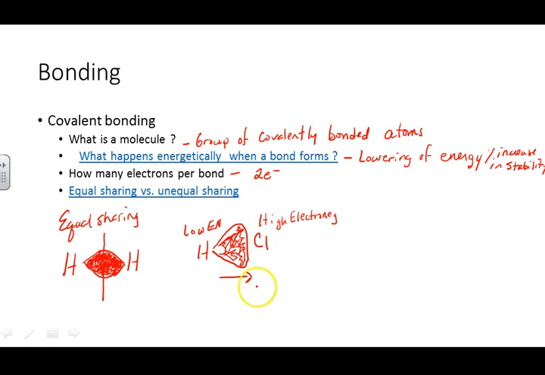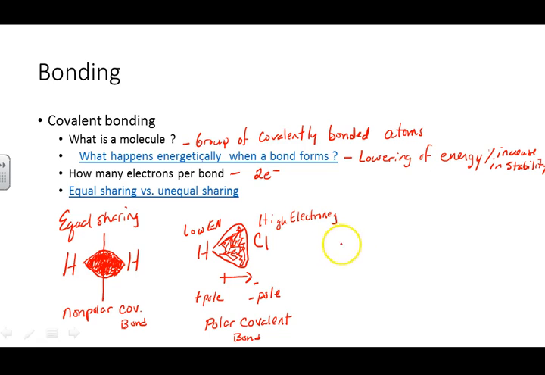This makes this end of the bond more negative and this end more positive. So in a situation like this, we have a positive pole and a negative pole. And we say that our bond is a polar covalent bond. In this case, we have no positive and negative poles, so we call this a nonpolar covalent bond.